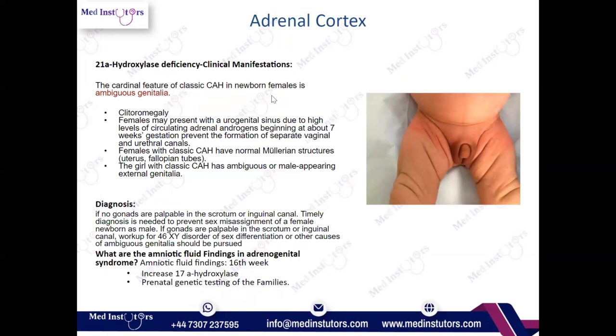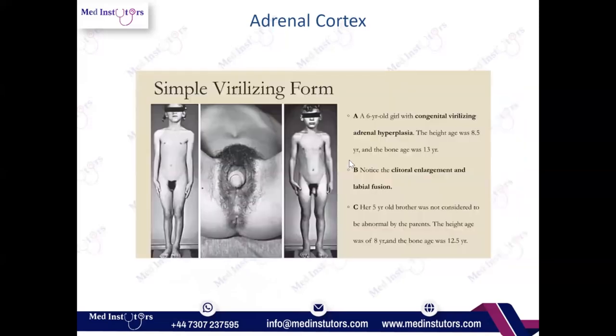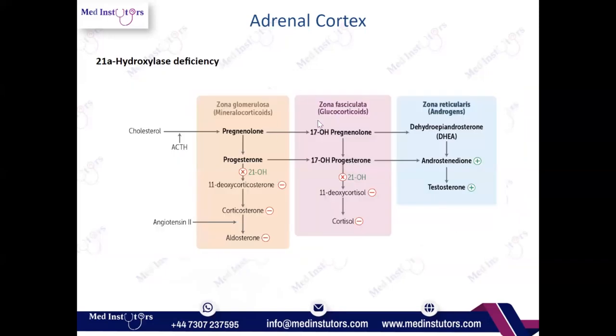And we have discussed what is the pathophysiology behind that. If we don't have 21 alpha hydroxylase, let me see the steroidogenesis, where is that? Yes, here we have 21 alpha hydroxylase deficiency. Here we don't have this enzyme. What would happen? There would be no aldosterone.